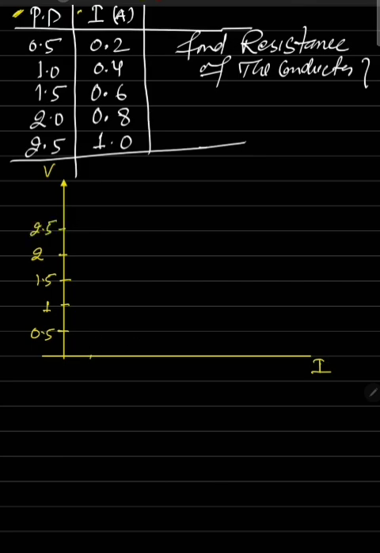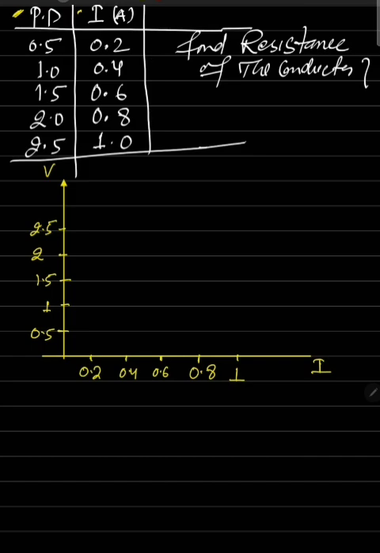This side we have to indicate current I. So current is 0.2, 0.4 ampere, 0.6 ampere, 0.8 ampere, then 1 ampere.